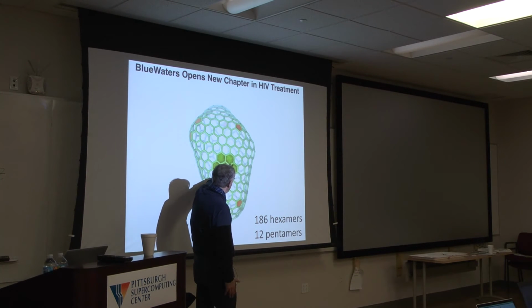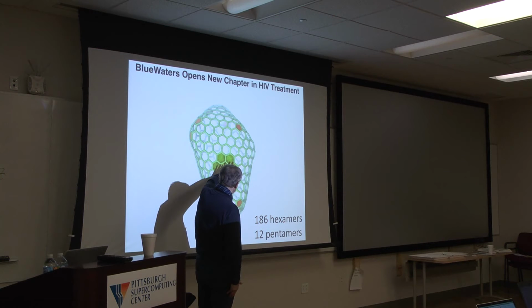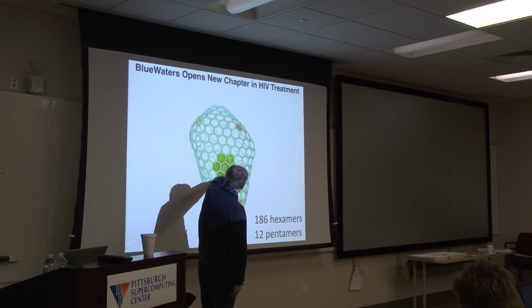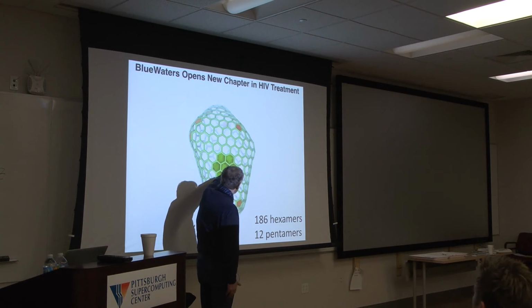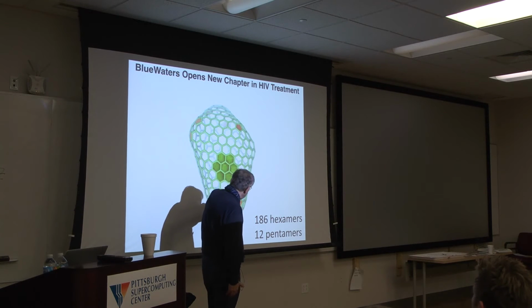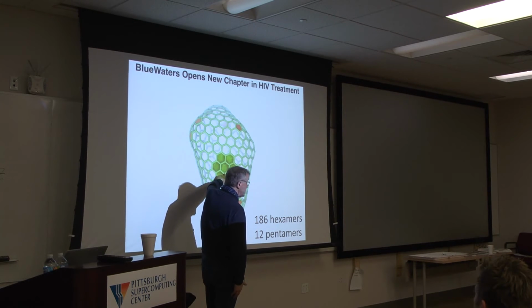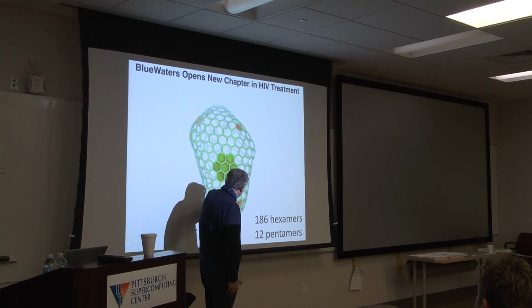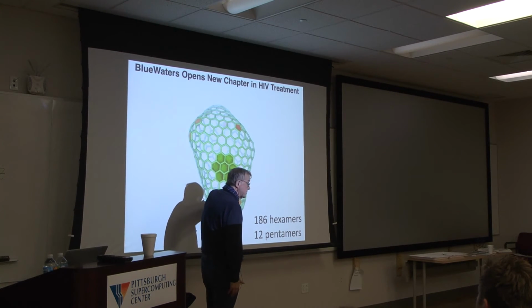We have two geometries that make this capsid: one is a hexagon surrounded by hexagons, and one is a pentagon surrounded by hexagons. Each of these nodes here are actually 3 proteins that form a hexagonal situation here, and here it forms a pentagon kind of situation.